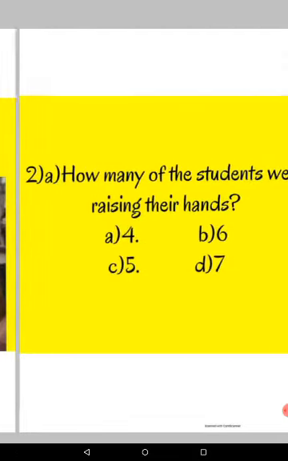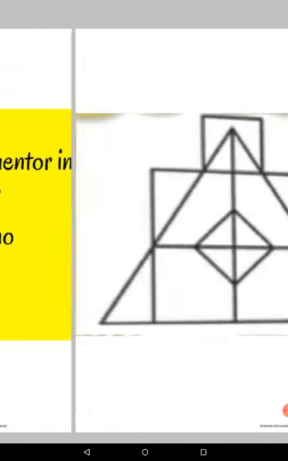Okay, now the next figure, the question is incomplete, but I will give you the question. The question asks us to find the number of squares as well as triangles in the given figure. So you should count them and write it separately. I will discuss with you. Pause the video, count them.